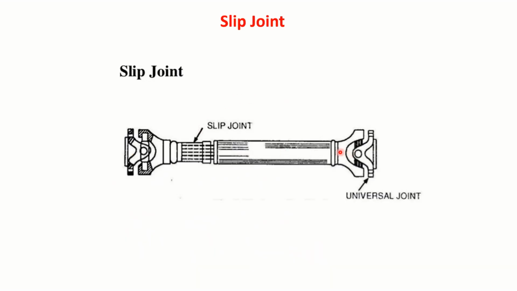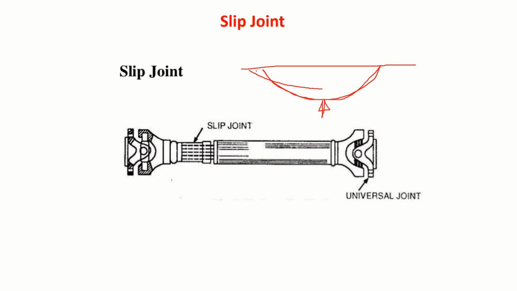You can see here now. Sometimes what happens, as the vehicle moves up and down, and the suspension, particularly the leaf spring, which is semi-elliptical. Now the question is, when the load is more, what is going to happen? Its length will increase like this.